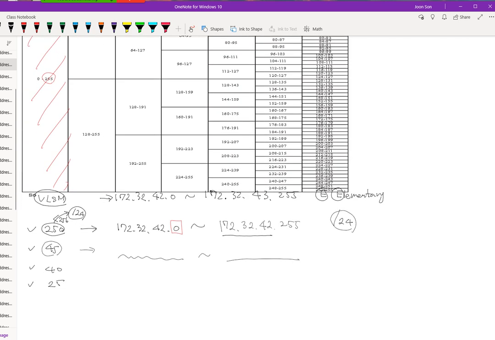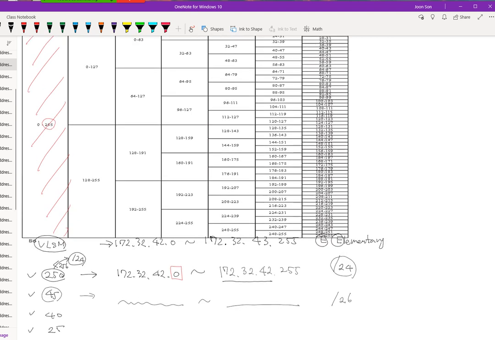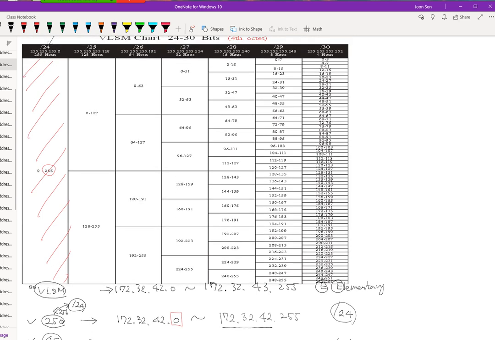So we need /26. Okay, so I'll give you a couple of minutes, about 2 or 3 minutes, to think about this problem. So what is the next one? We know that we have to use a /26 after this, right? So think about it.